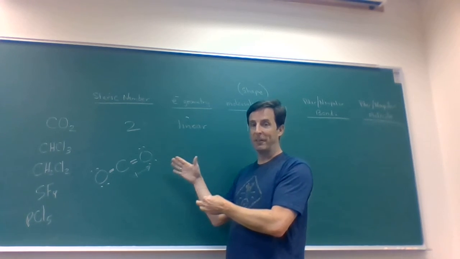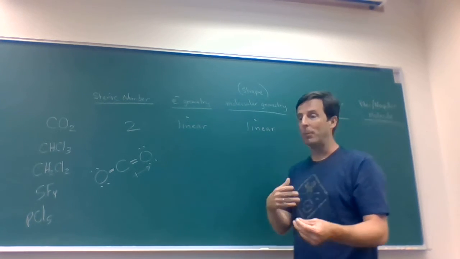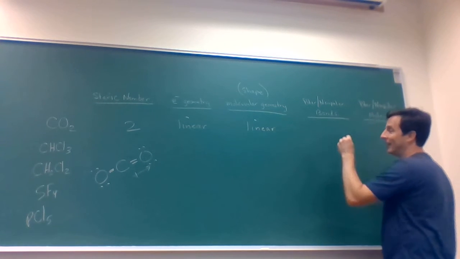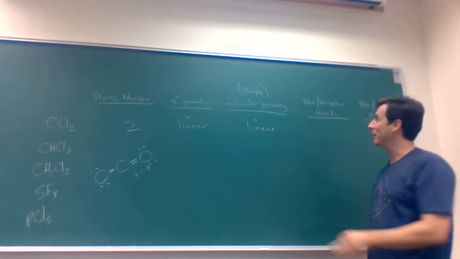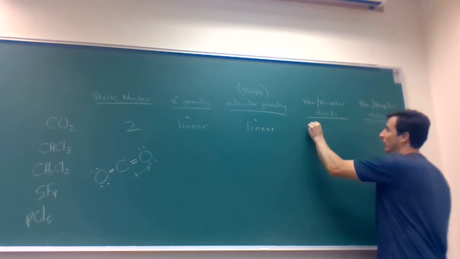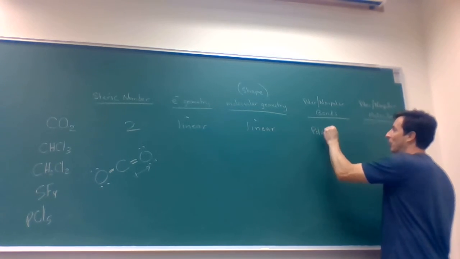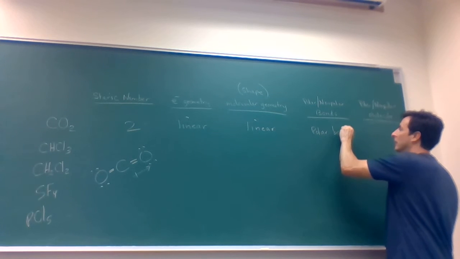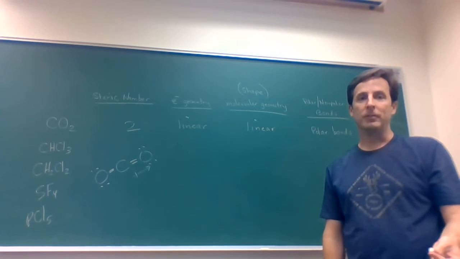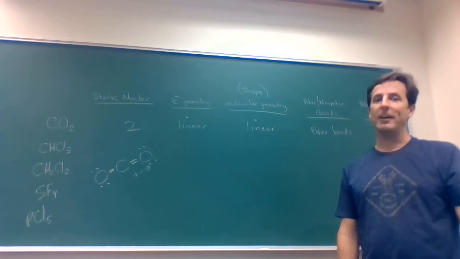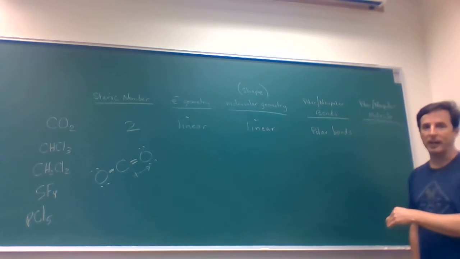There is a significant pull there, so that's a polar bond. Under bond type, basically I'm looking, if I have any polar bonds in the molecule, then I'm going to put under bond type polar. I do have polar bonds. Because if I don't have any polar bonds, I can't have a polar molecule. Okay, and that's what this is all about, trying to find out, is this molecule polar or not?